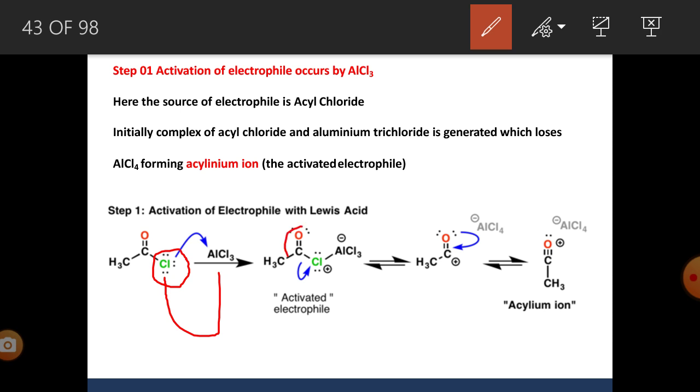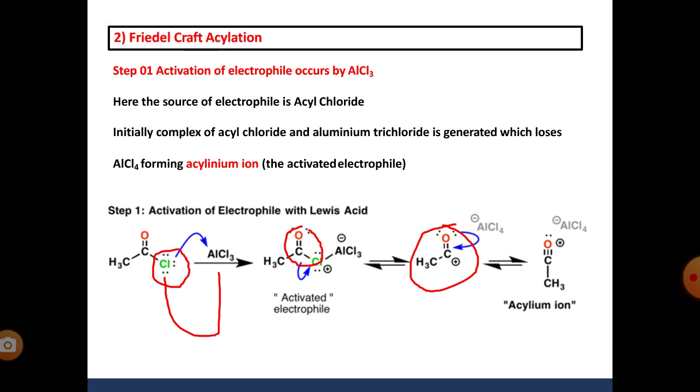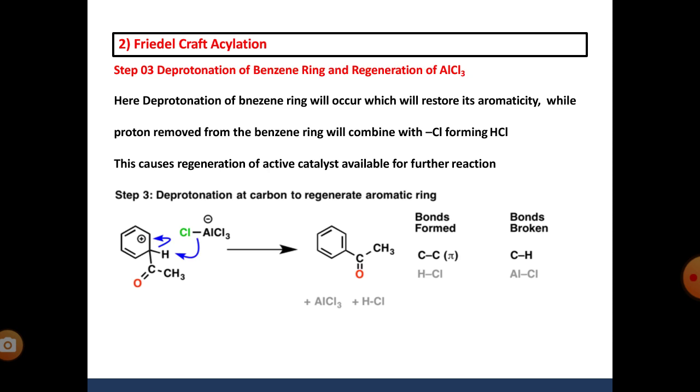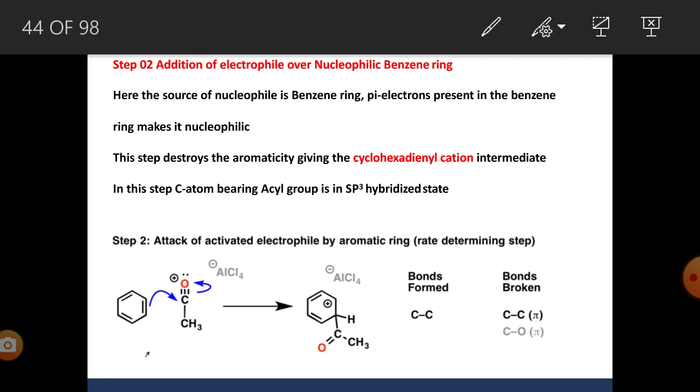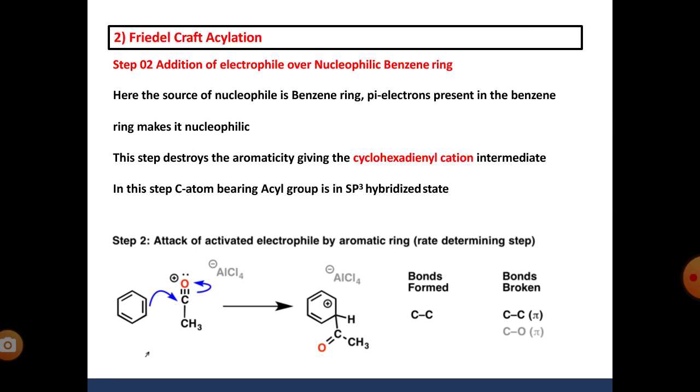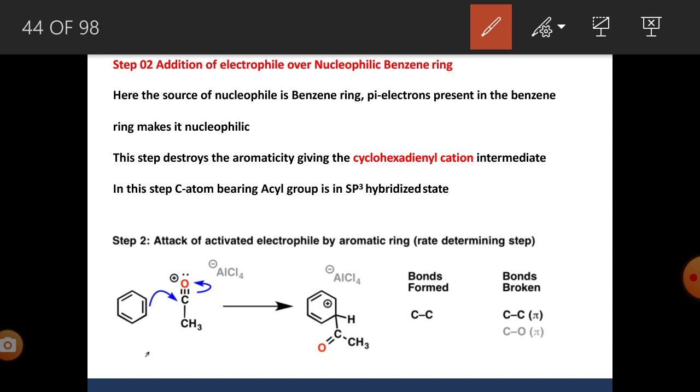After that, this carbonyl carbon becomes electron deficient, and it is shown by a plus sign. To stabilize itself, it attacks the benzene pi pair. The benzene pi pair is an electron-rich species, while the acetyl cation is an electron-deficient species. Now there is formation of a new bond between the benzene carbon and the deficient carbonyl carbon.